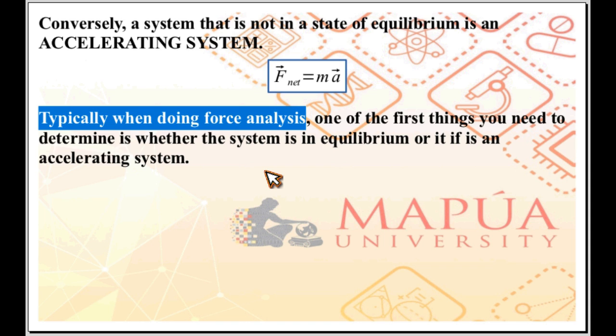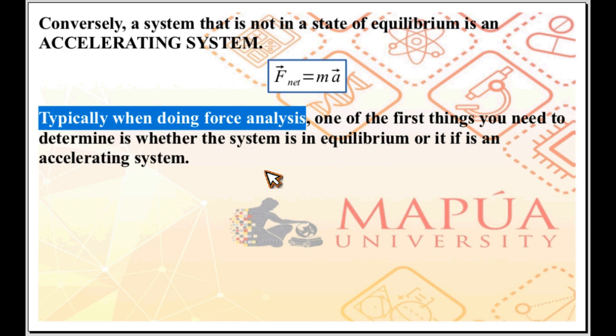You either set F net to 0, equilibrium state, or you set F net to ma, you have accelerating system, and then use our definition of F net. F net is summation of all the forces acting on the system or acting on the object.